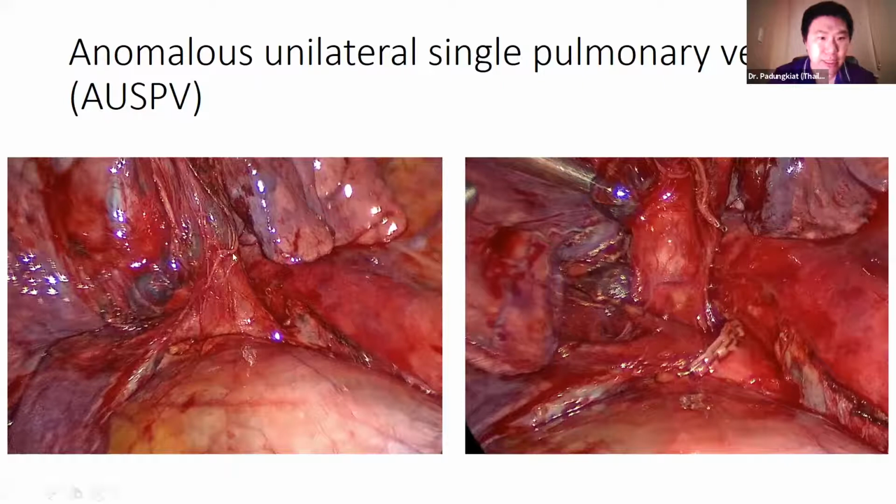So you can see this is how I was about to do the left lower lobectomy. When I lift up the lung, you can see there's a branch supplying the left upper lobe too. If I encircle right here, that's a pneumonectomy. So I just need to cut a little bit more distally.